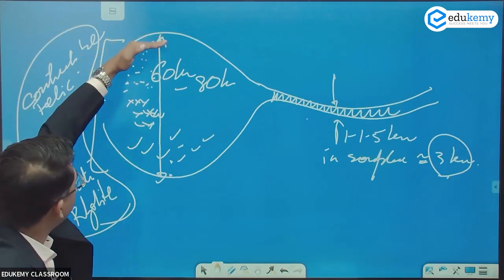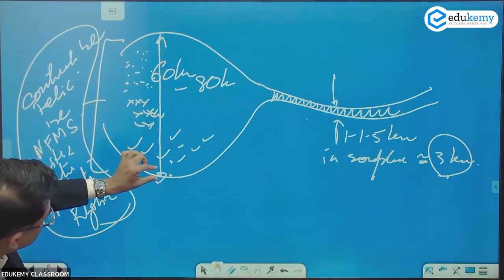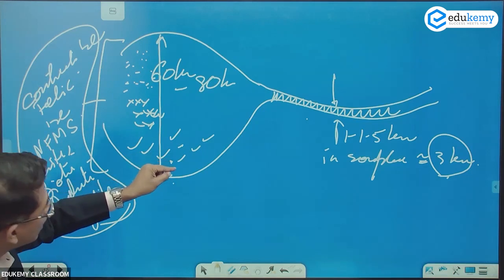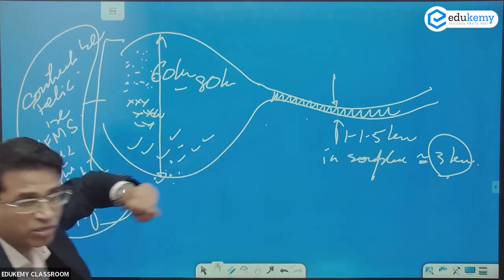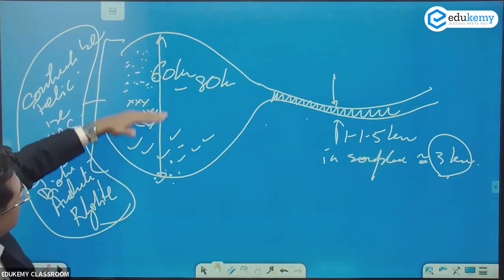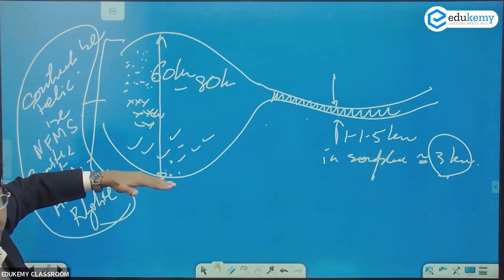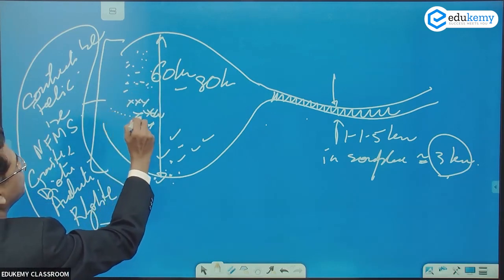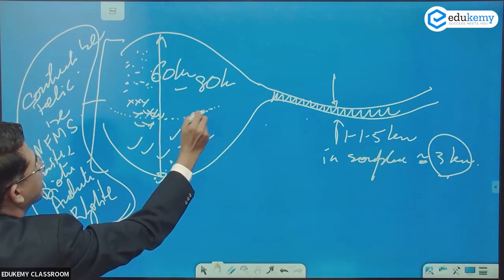By the time you come towards the lower part here, the rocks are more like the mantle. They're more like the oceans. Okay. So in the continents, there are different types of rocks. So what happens is at some depth, there is some depth here. There is some depth here.